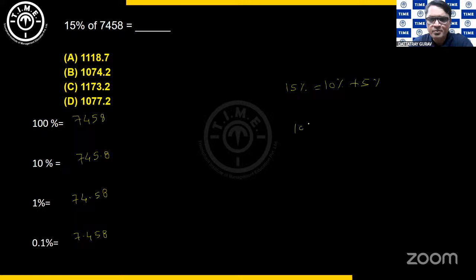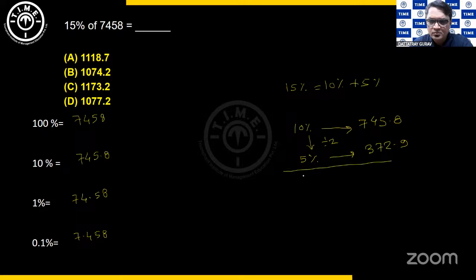The 10% value will be 745.8. What will 5% be? 5% is half of this. Just take half of this, just divide by 2. If we take half, it becomes 372.9. Now add both. So simply it is 15%.